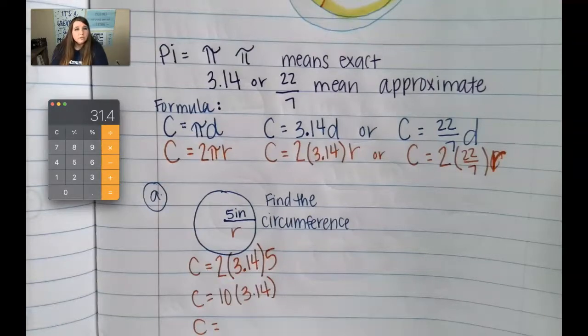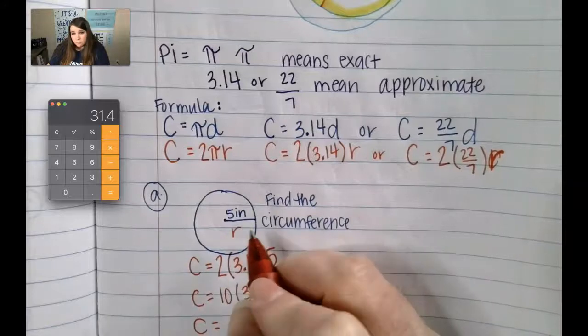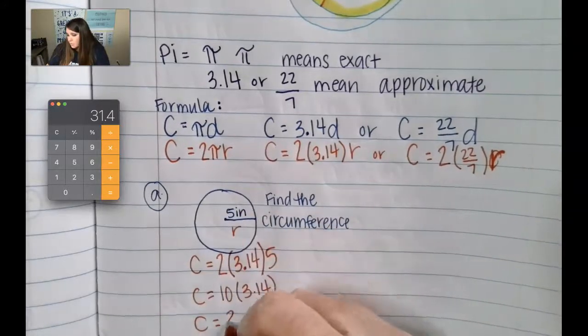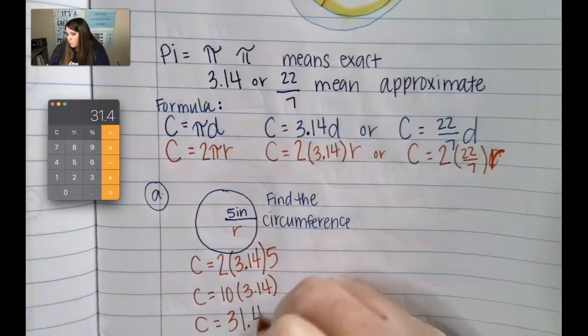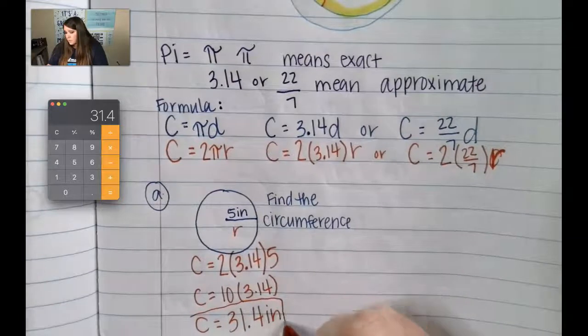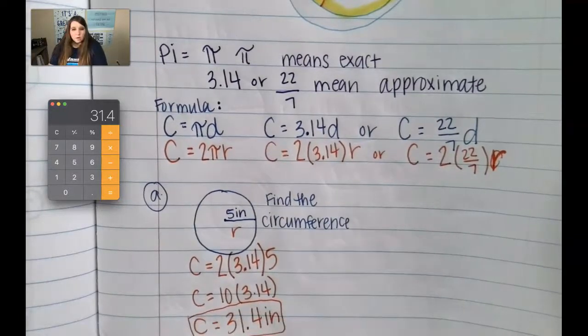Always hit enter if you're not using a scientific calculator. So our circumference is going to be, from here all the way around, 31.4 inches. So if we were to walk around this circle, we would be walking 31.4 inches.